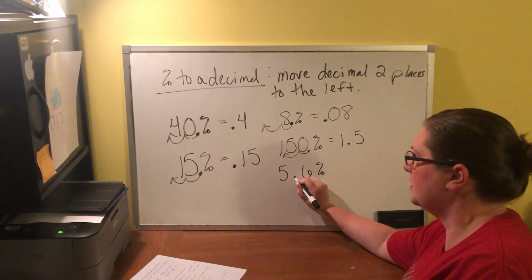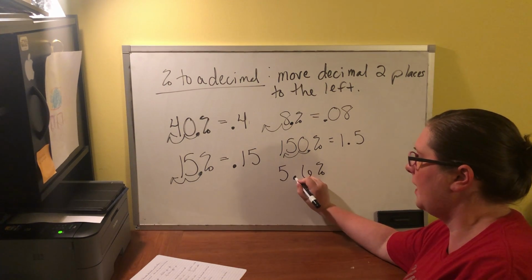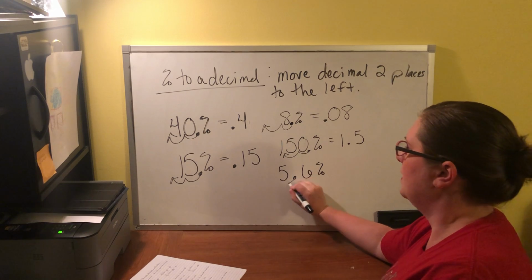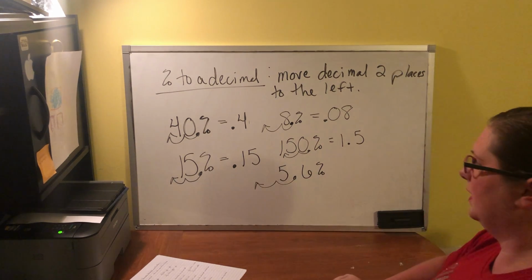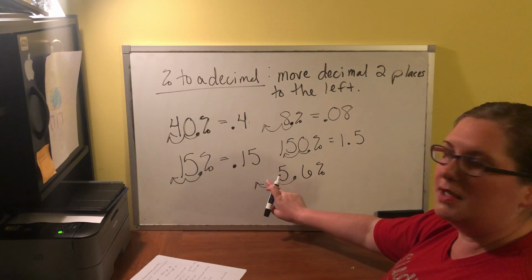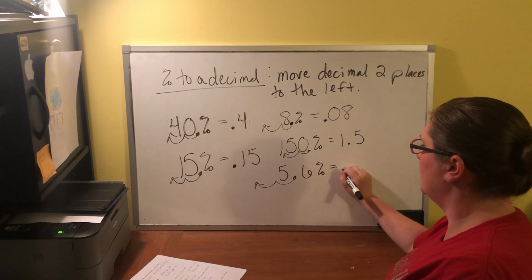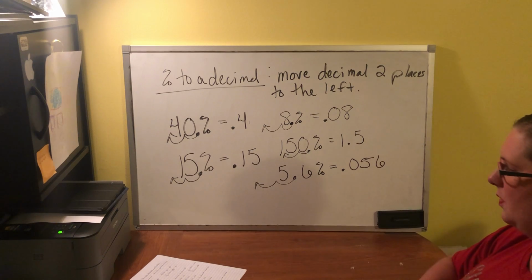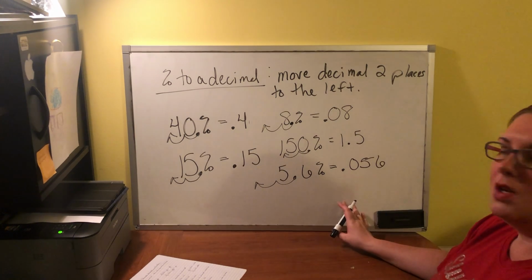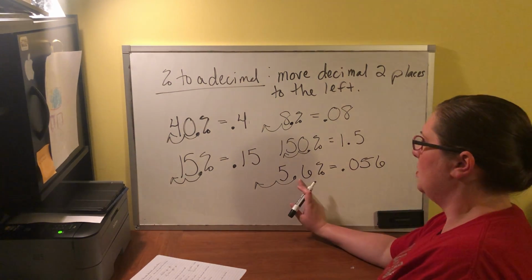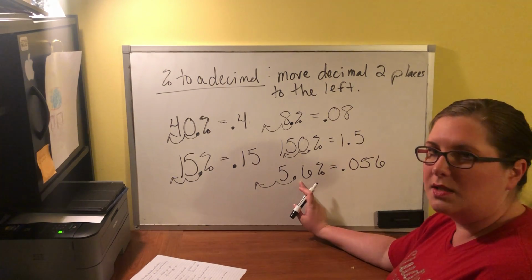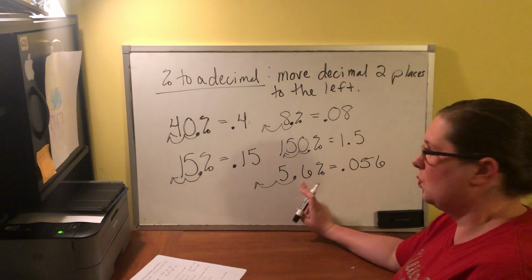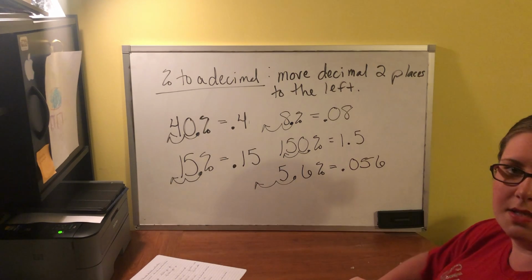So this time we're starting with the decimal in 5.6 and moving it 2 places to the left. Once again, I need a 0 as a placeholder. So this answer is 0.056, okay? And this can happen. So make sure you remember, this is not technically a decimal. This is a percentage. We're moving it and turning it into a decimal, okay?